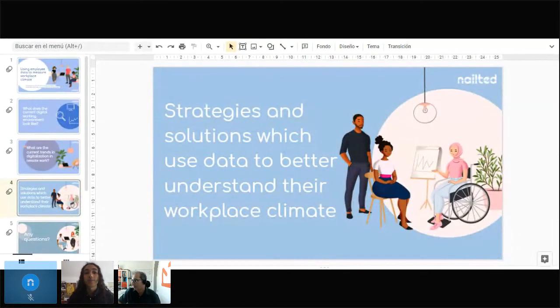An example that comes to my mind, and this is a bit of a shameless plug, is Nailed, the company I work for, which offers an employee engagement platform. They evaluate employee engagement through different metrics, which are calculated through surveys, questions and one-on-one meetings that happen through the app.